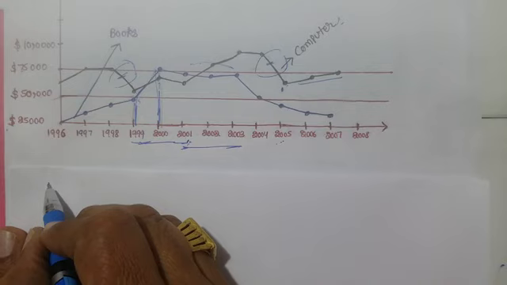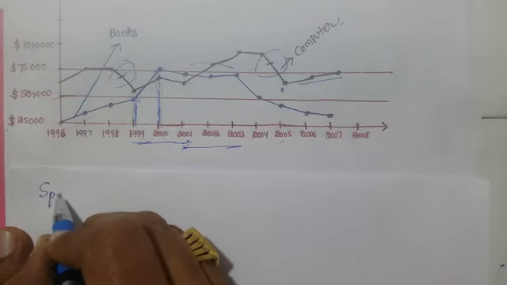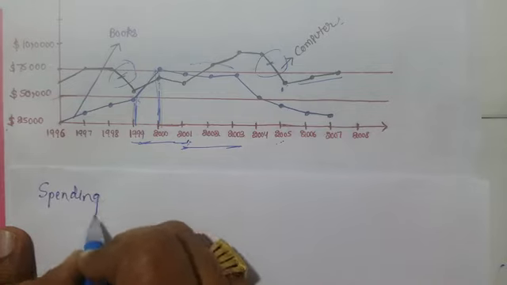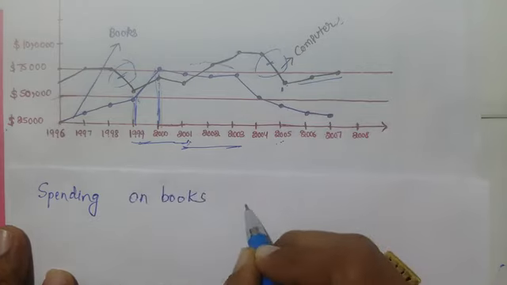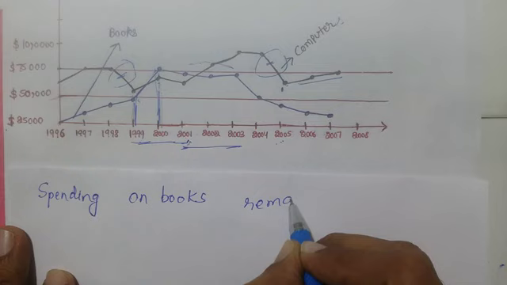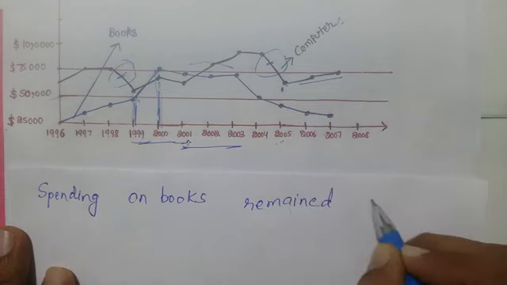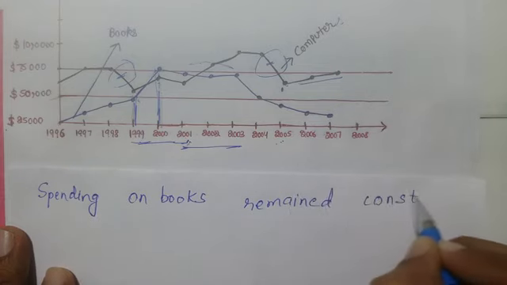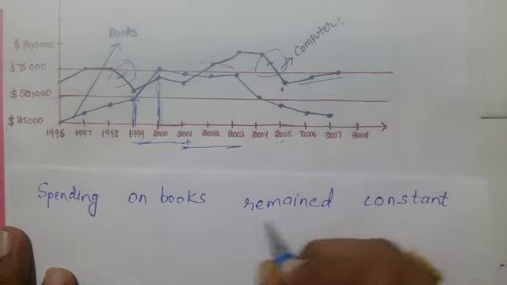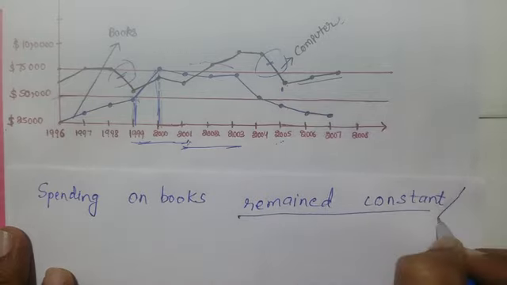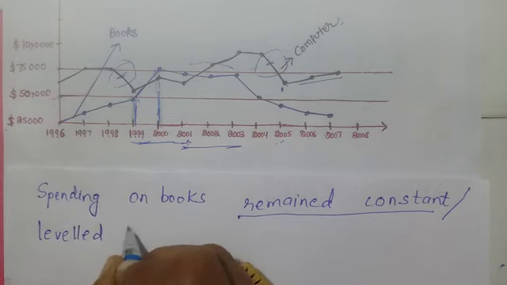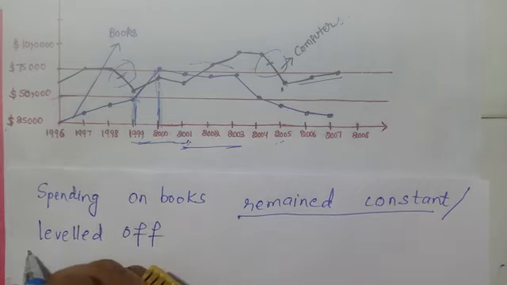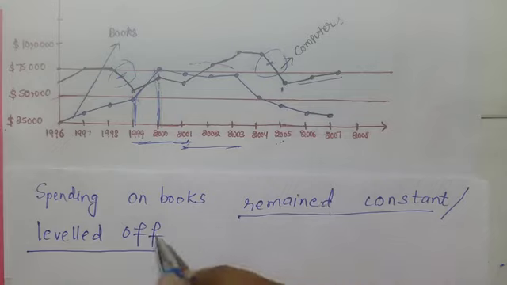Again, the same starting point: spending on books remained constant or level of. The meaning is the same, you can write any one.